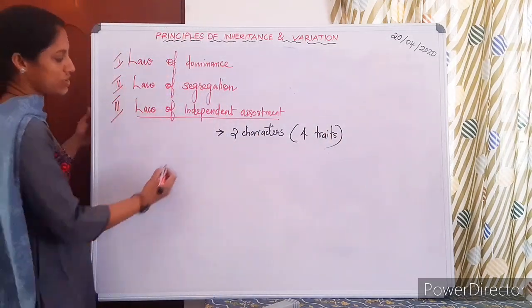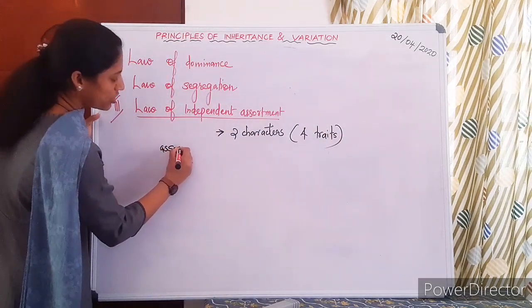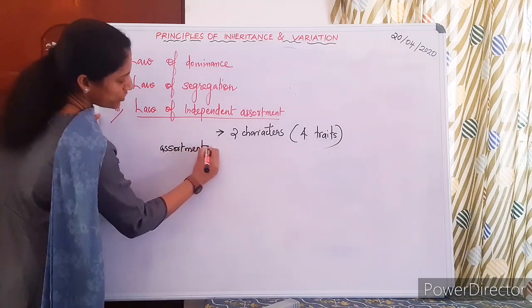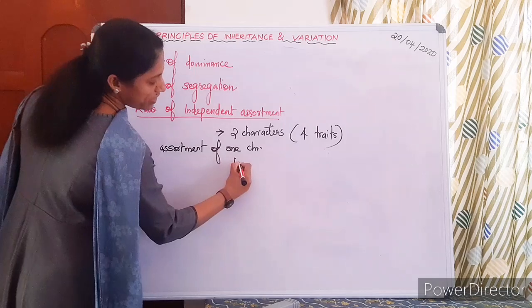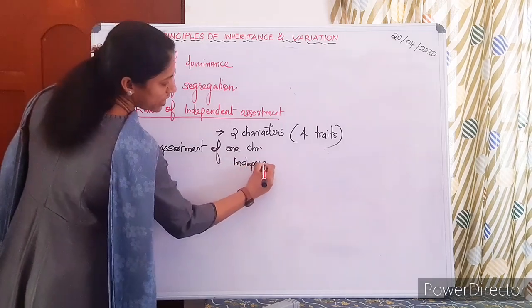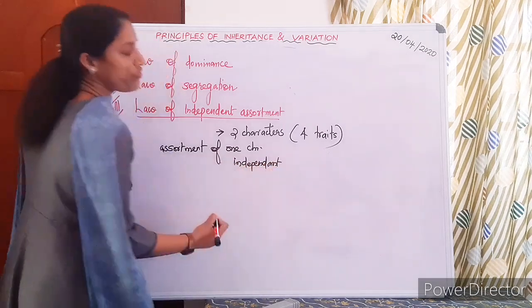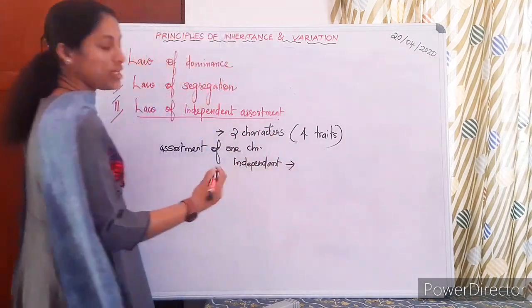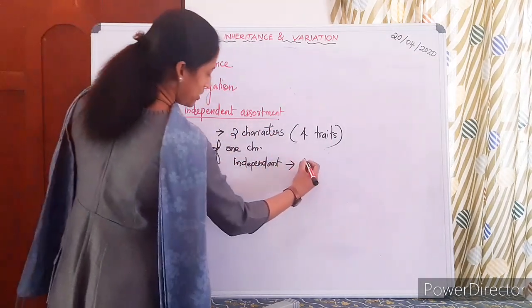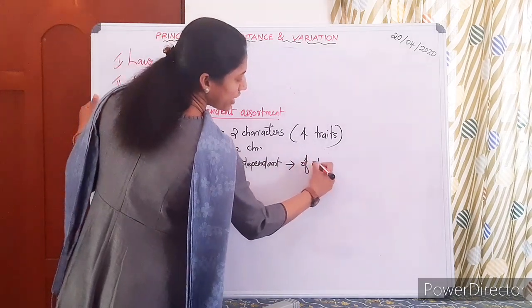That is what the law states. The distribution of one character is independent of the other character. That means one pair of traits' assortment never influences the assortment of the other pair of traits.